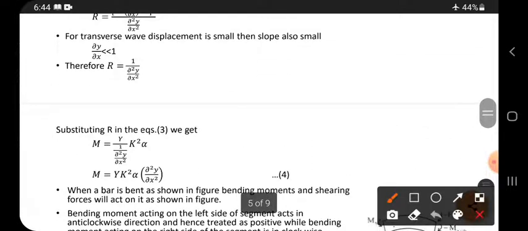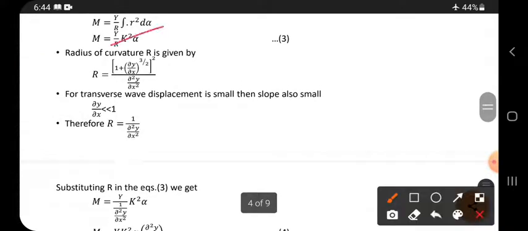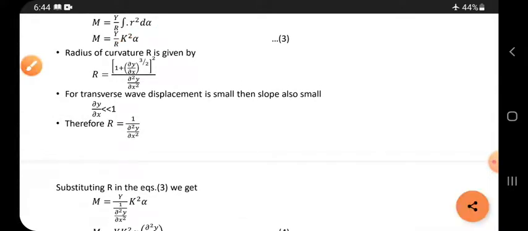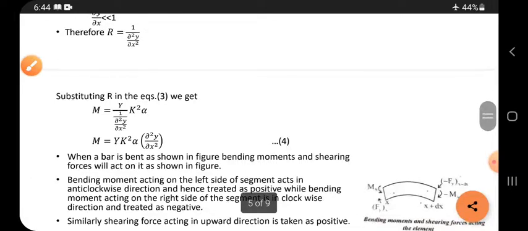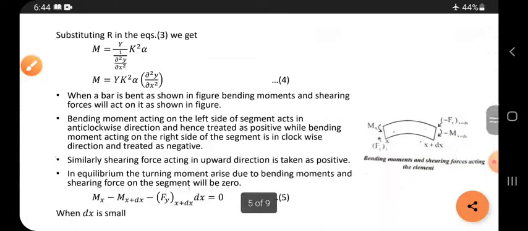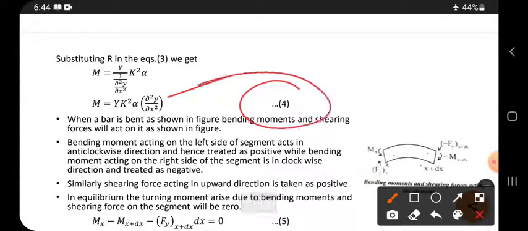Now substitute the R value here. Okay, substituted here, and we can write like this. Already 1 by R can be written like this. Now let it be equation 4.